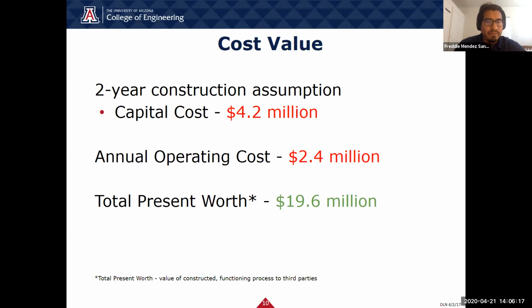The total present worth is based on the assumption of how much this part of the facility would either net a profit by selling the product, or by staying within the permits that are allowed and not having any deviation resulting in fines or any kind of cost that the facility might see.